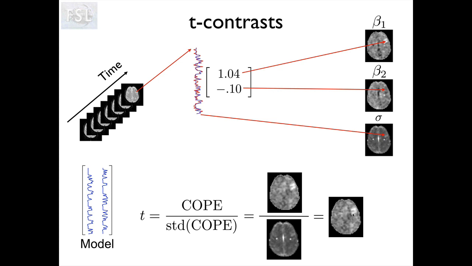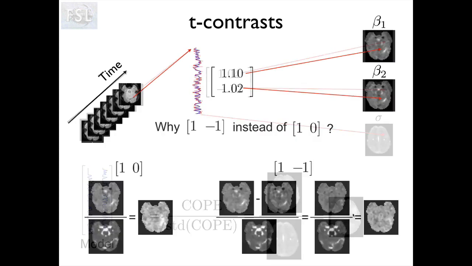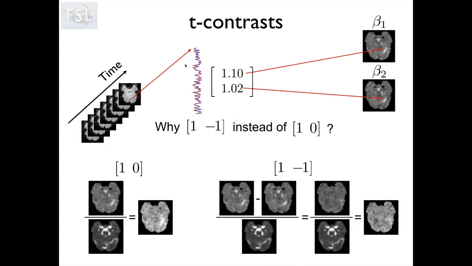So what does this new contrast 1, -1 give us over and above the 1, 0 contrast that we looked at earlier? Let's have a look at this particular part of the brain that we've also looked at before, which seems to be interested in both word generation and word shadowing, because it has similar values for both beta 1 and beta 2.